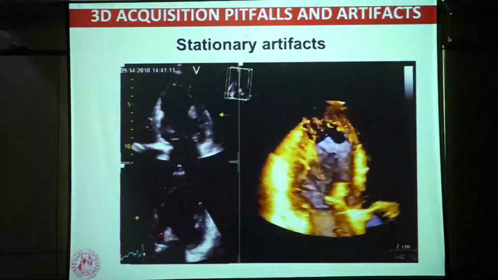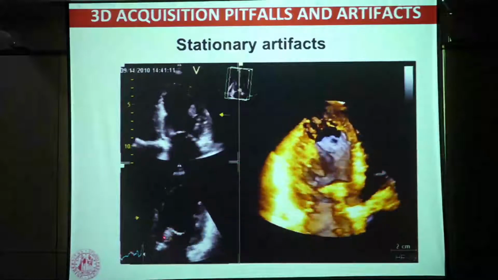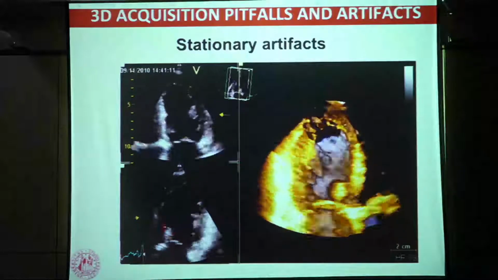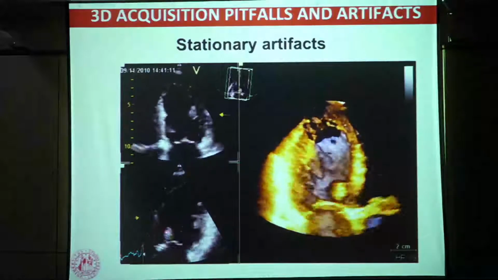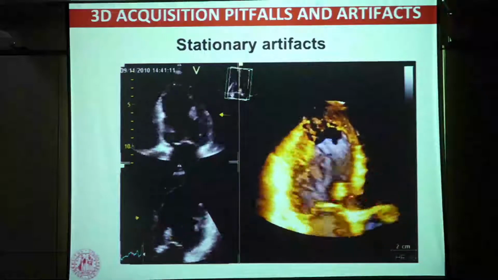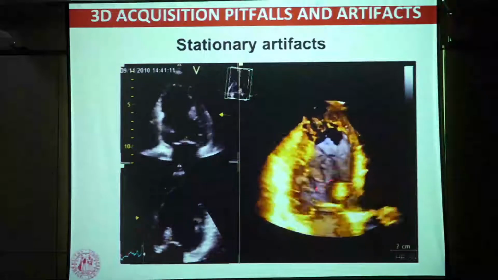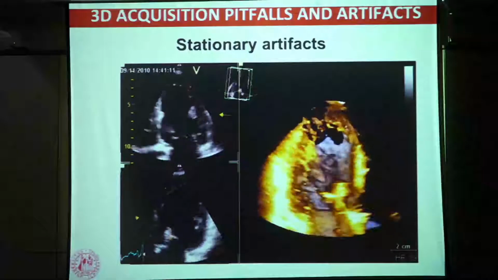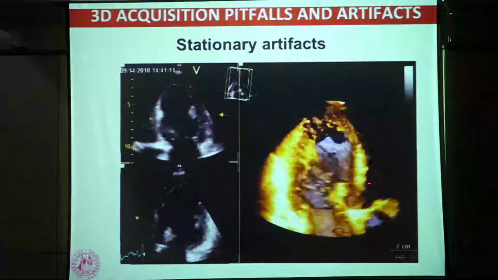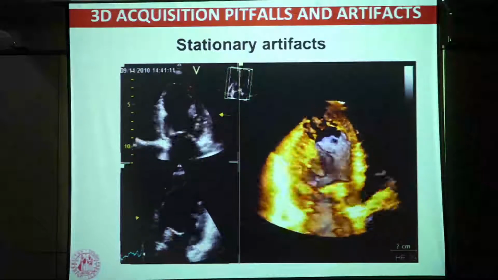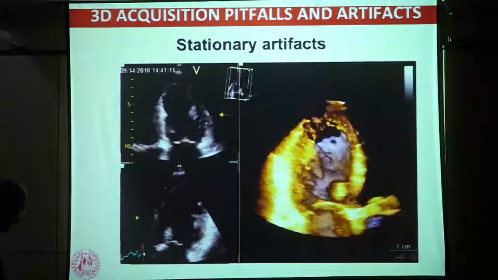And you see that it is the so-called stationary artifact that is due to a costal rib or something, but on the volume rendering, it seems to be a real mass. You have just to look at the image characteristics to see.